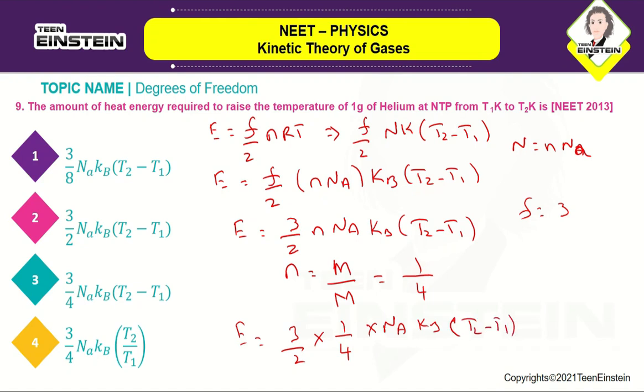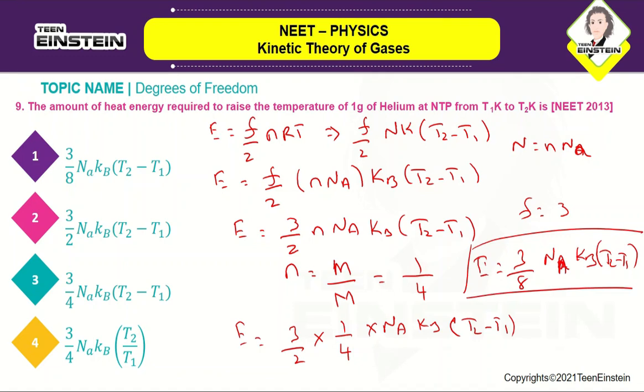So this will become E is equal to 3 by 8 NA KB T2 minus T1. Okay, this is small.